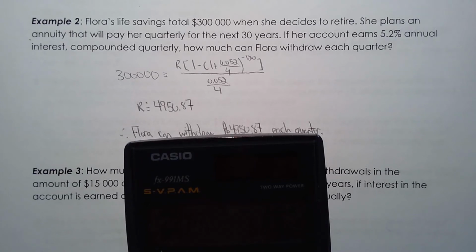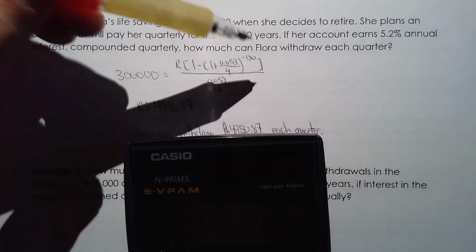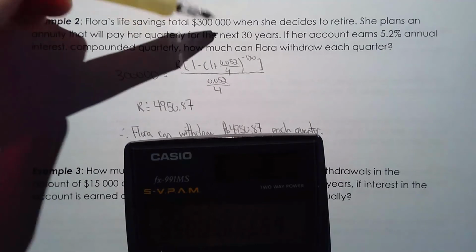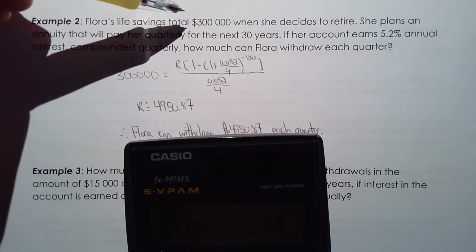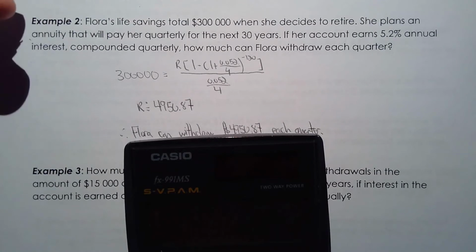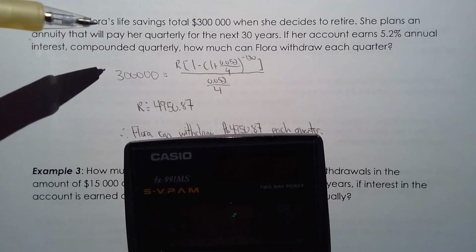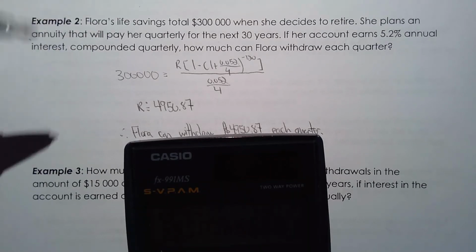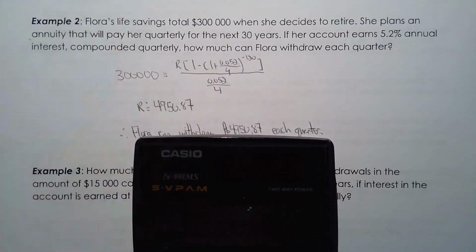Then she has to spread this $300,000 not over 30 years, but maybe over 40 or 50 years, right? Average life expectancy is getting greater and greater. So you can't just plan for 30 years. Maybe you should plan for 40 or 50 years.